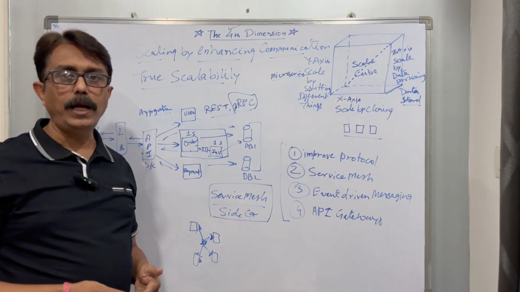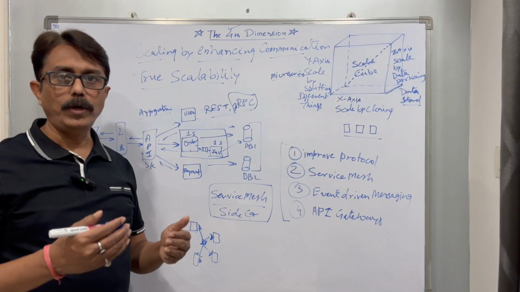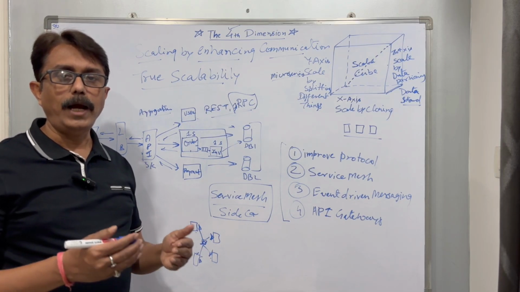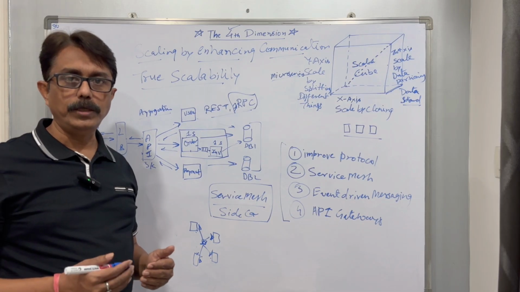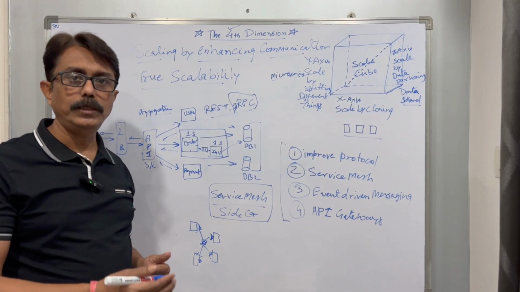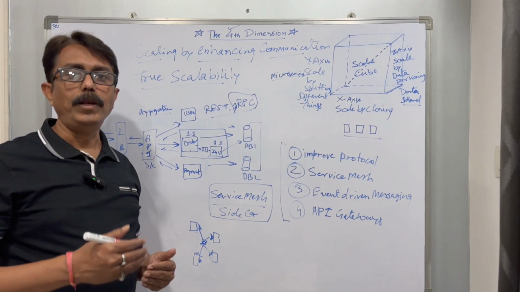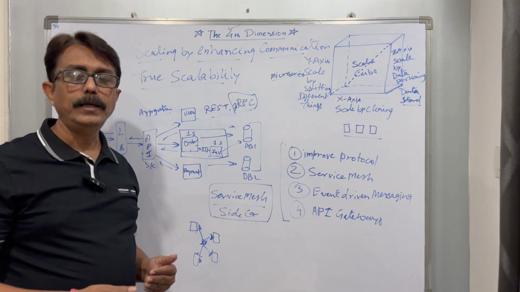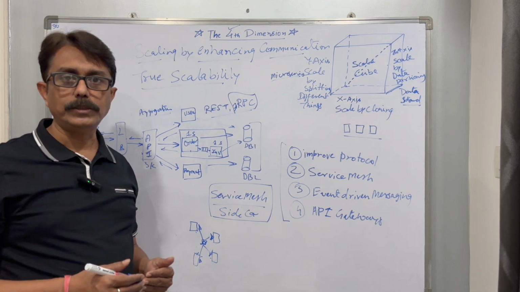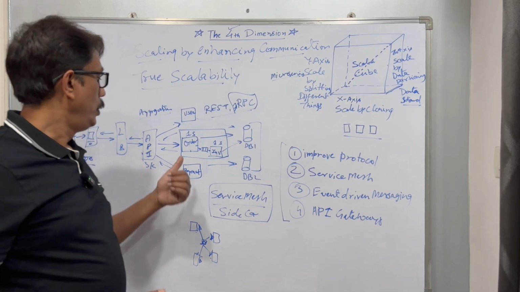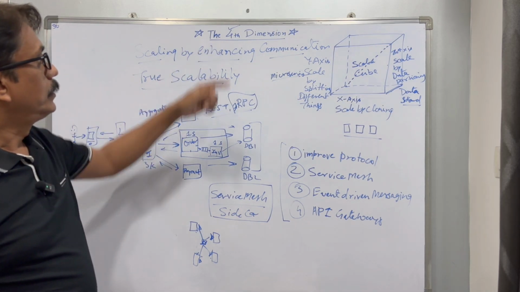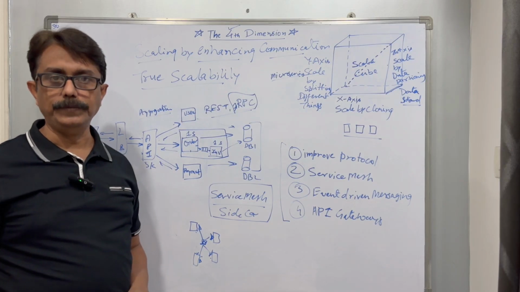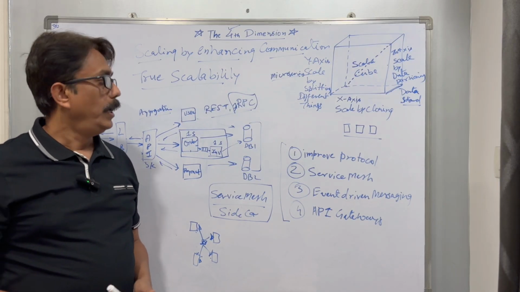And that way we don't have to add more resources. And because we are not adding more resources, we will be simplifying the architecture and optimizing the cost. So this is an important dimension which we should be using.